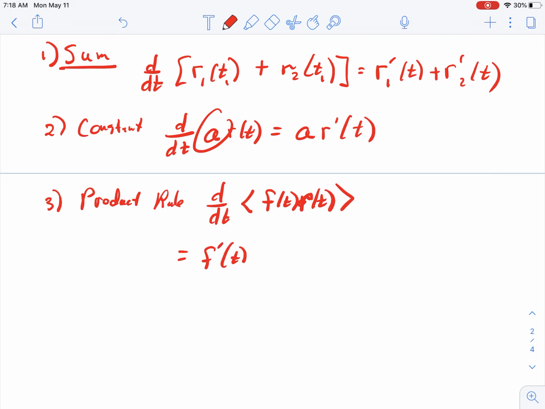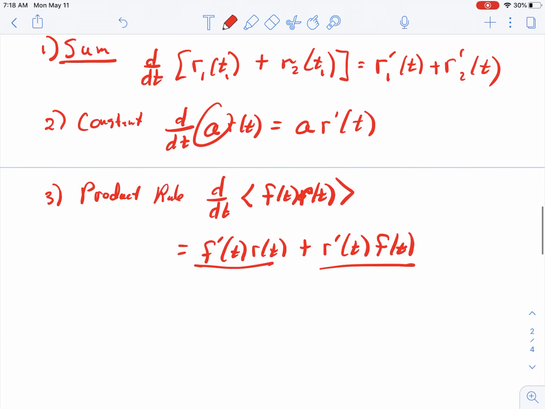You have f prime of t, the derivative of the first times the second, plus the derivative of the second times the first. Now there will be a little trick here to try to keep this straight, because this is going to be kind of confusing since you're dealing with vectors, and you need to keep them in the right order.